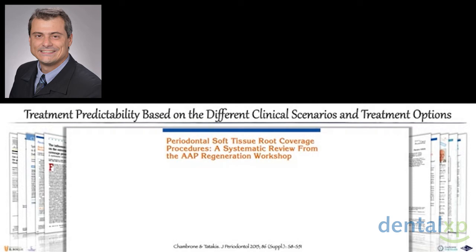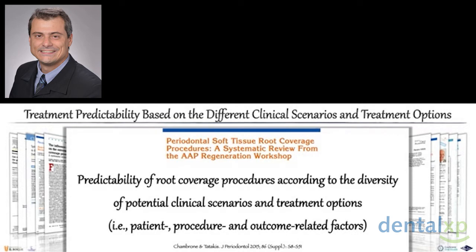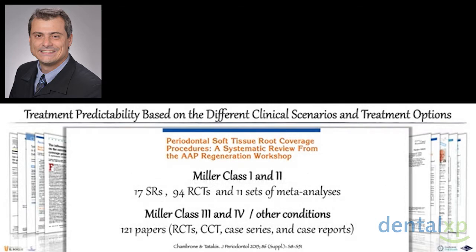This review assessed the predictability of root coverage procedures according to the diversity of potential clinical scenarios and treatment options available in the literature, based on the outcomes of 17 systematic reviews, 94 randomized clinical trials, and 11 sets of meta-analyses that evaluated Miller Class 1 and 2 defects, and 121 papers that evaluated Miller Class 3 and other conditions.